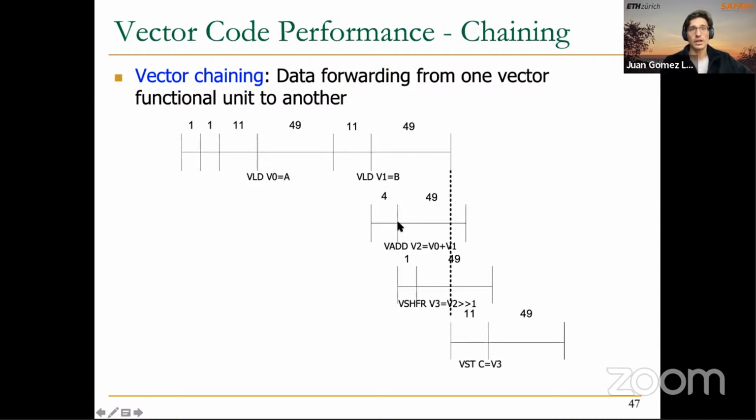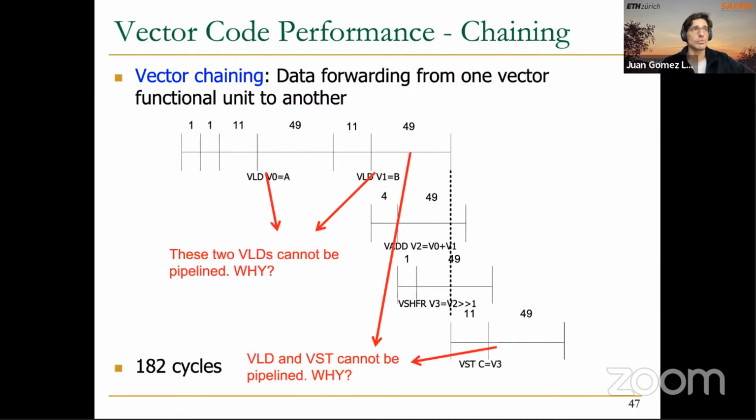And after that, we will complete one by one the execution for the remaining elements from A and B, and then shift right, and then the store operation. So as you see here, we are creating this chain that gives us way more performance than the previous execution. In total, actually 182 cycles.